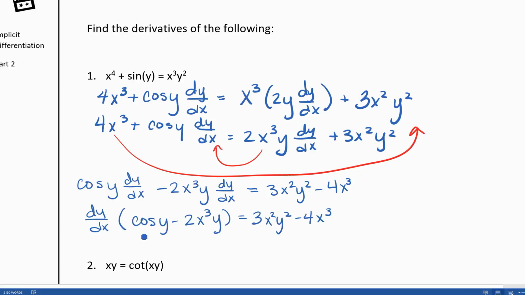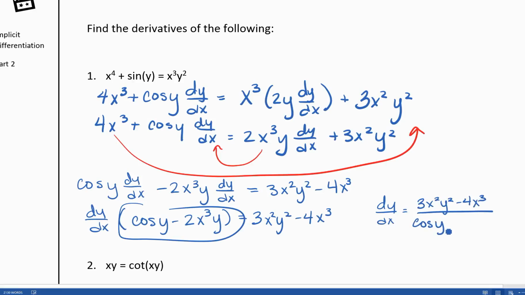And divide both sides by this term. So our final answer will be dy/dx equals 3x squared y squared minus 4x cubed over cosine of y minus 2x cubed y.